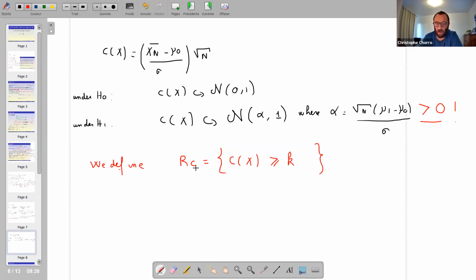Since I have defined R of C as my rejection region, it means that I am in fact under H1, because under H1, C of X is bigger than what happens under H0.